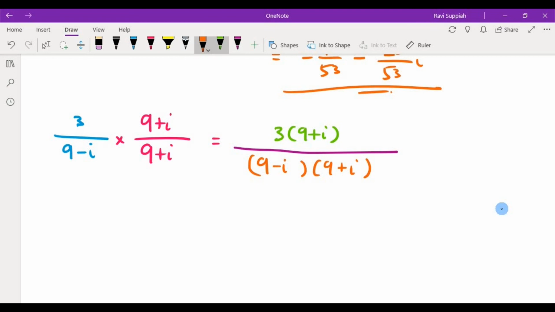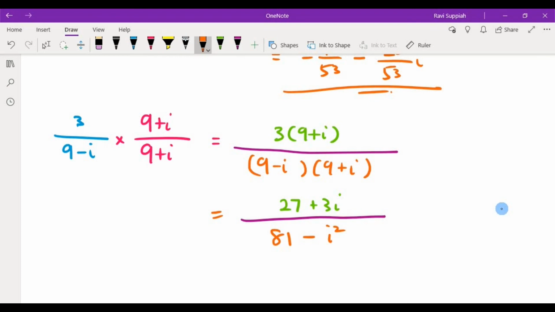On the top you have 27 plus 3i. After a while you will get used to the idea that complex conjugate multiplications will not have the middle term, so I can just focus on the real number times the real number, and the imaginary number times the imaginary number, minus i squared.